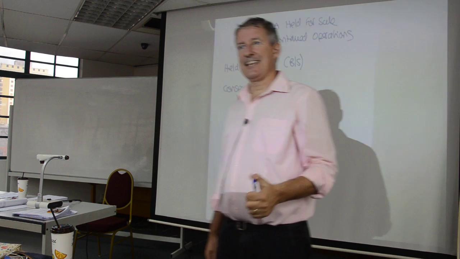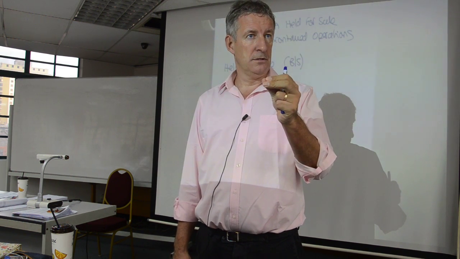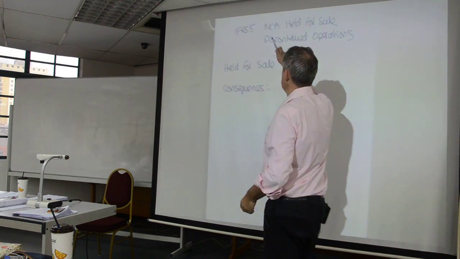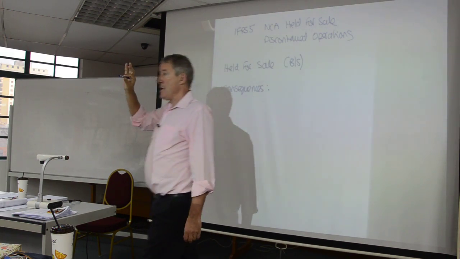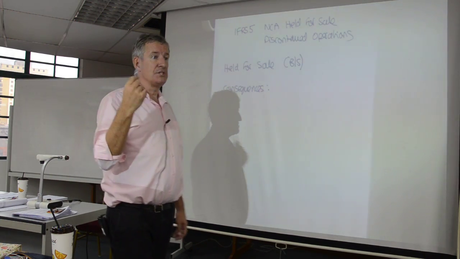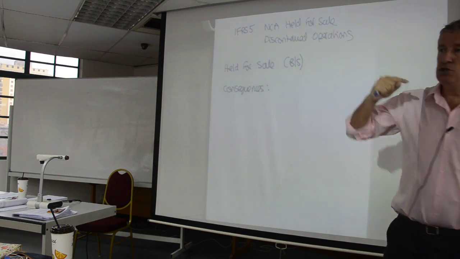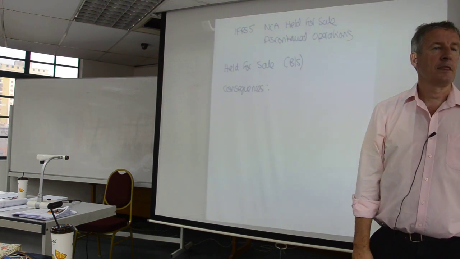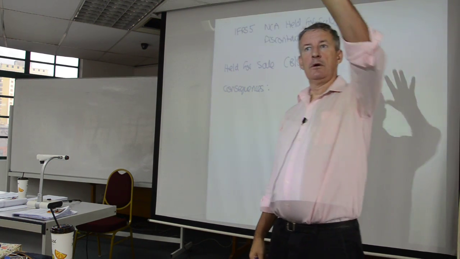If we have an asset which is held for sale, this was previously a non-current asset. So think PPE. You have a land and building, a property which is now held for sale. Let's assume that it meets all of the conditions. How would you present that on the balance sheet?